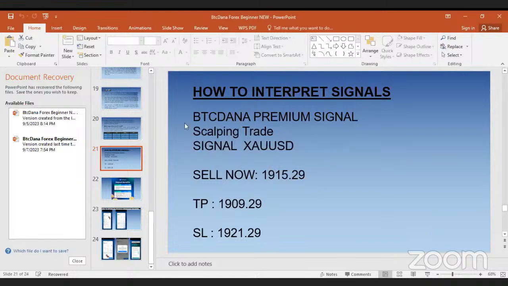So this is a scalping signal. In forex trading, we have different kinds of traders. We have the scalpers, we have the intraday traders, and then we have the swing traders. The swing traders are mostly the kind of traders that stay for long.